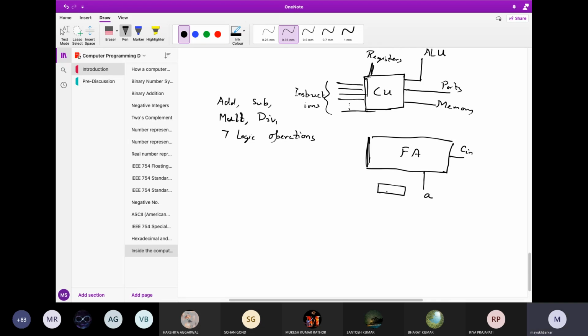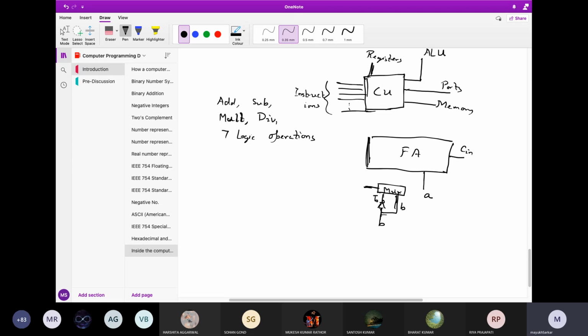There is a small circuit called a multiplexer, that in fact decides which one to go. So eventually on this line B is going there, and on this line B bar, that means NOT B, is going, and one bit here determines which one of the two inputs will go.